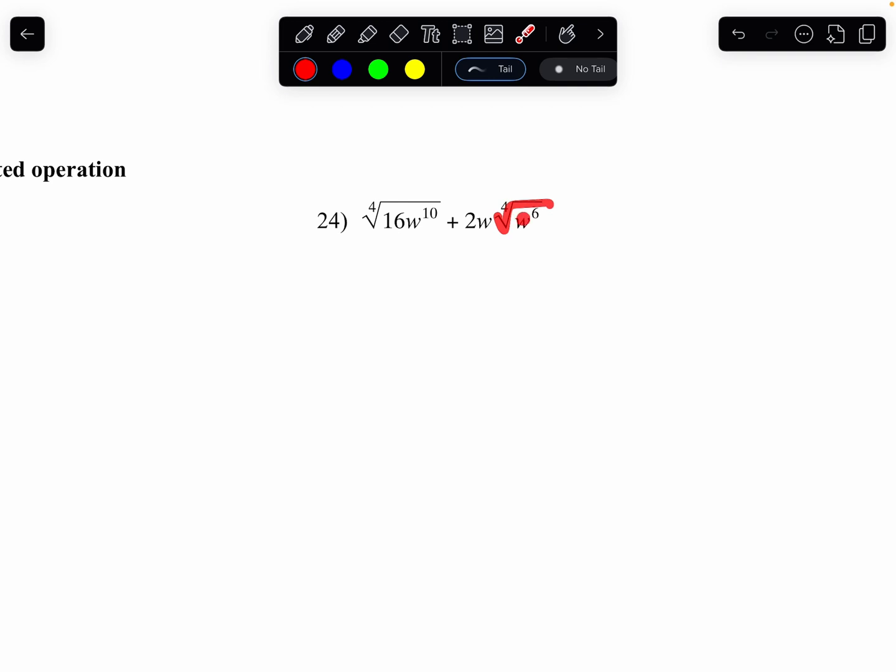This is a fourth root of w to the 6. Let's see if I can get a w to the 6 over here. So fourth root of 16 is 2, so I can take out 2. And then the fourth root of w to the 10th, 4 goes into 10 twice, so that would be w squared.